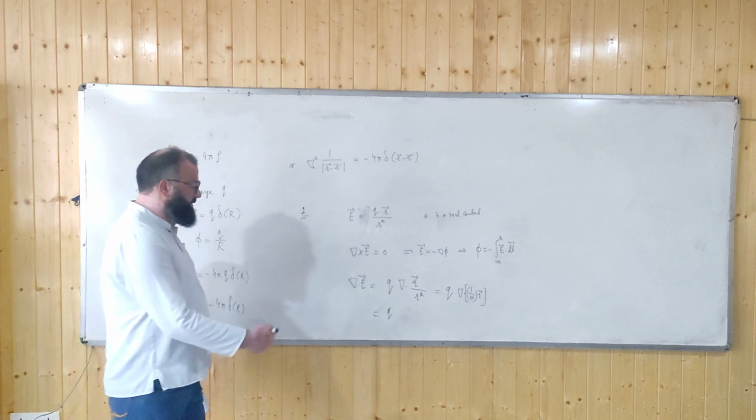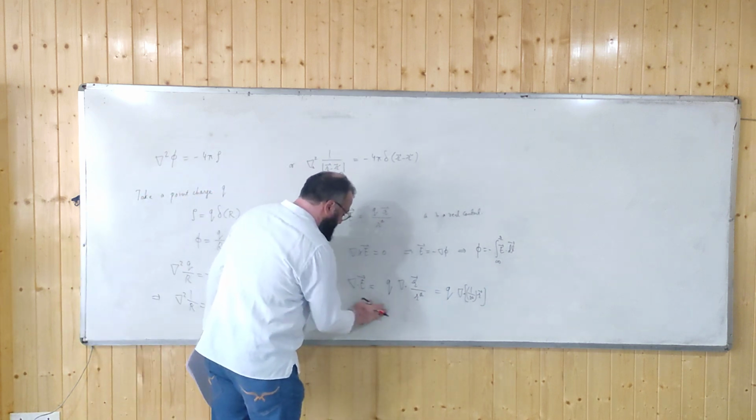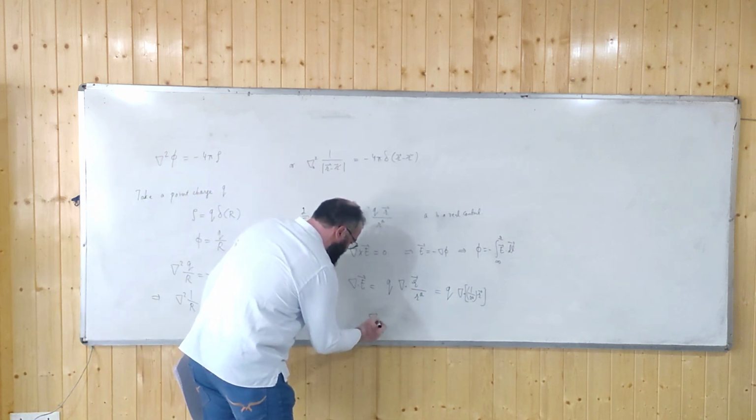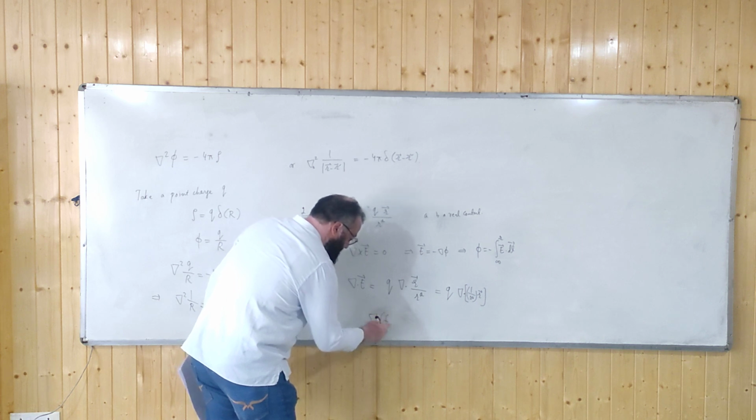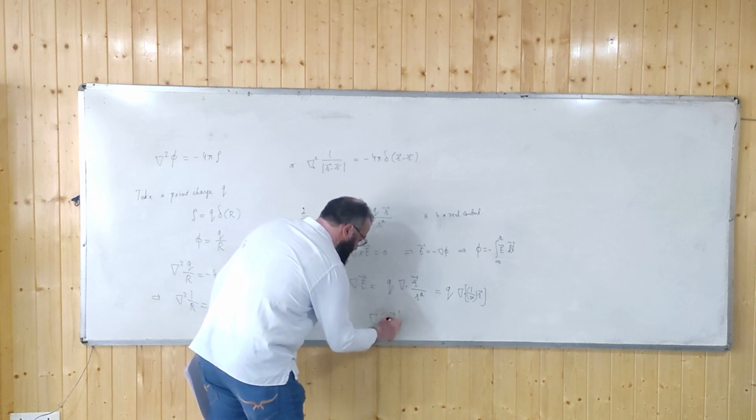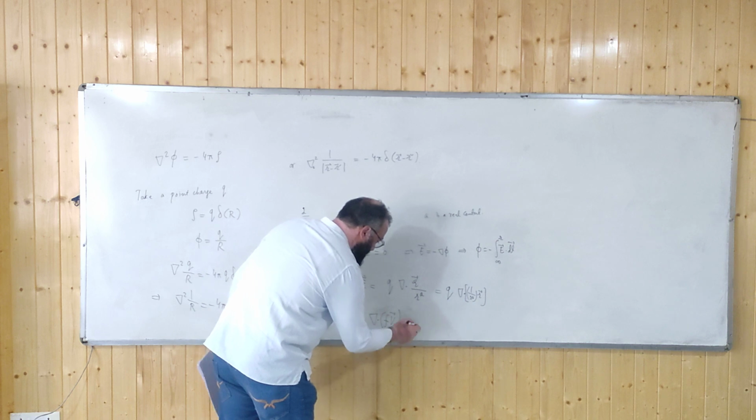Let's write the formula. Anybody knows the formula? So let me write in detail. If you have some function, a scalar function, and then you have a vector, how do you evaluate this?